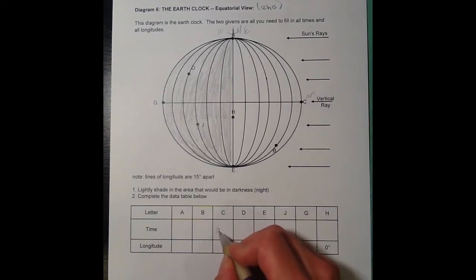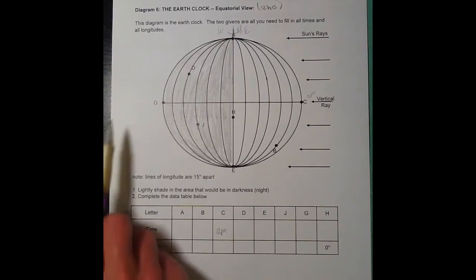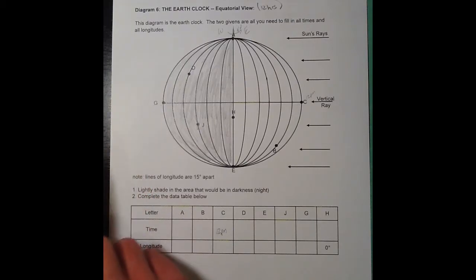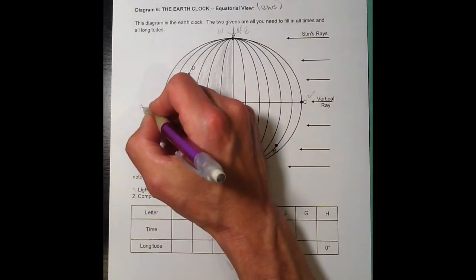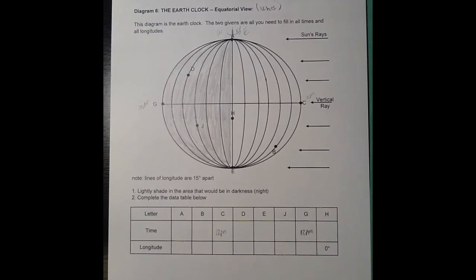Now, opposite that, when you're facing completely away from the sun's rays, completely 180 degrees on the opposite side, point G is going to be at 12 a.m., so point G is at midnight.